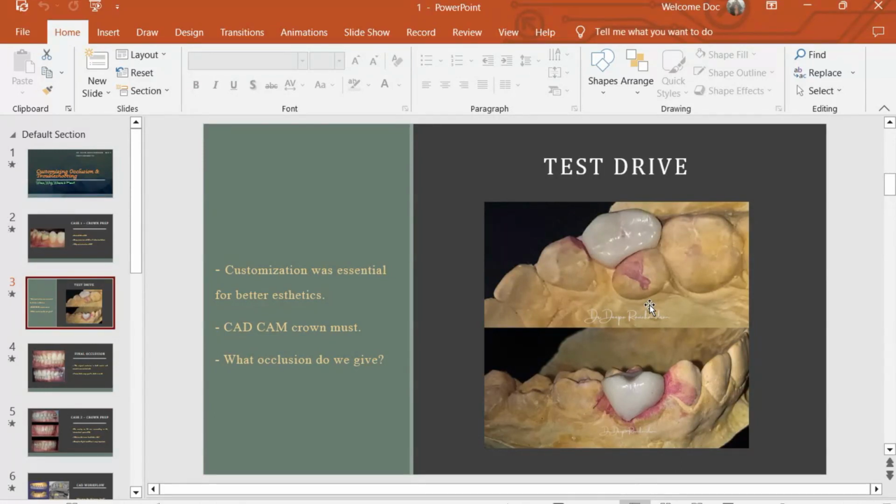It was 2.5 that was also in occlusion, disoccluding in excursion. So since 2.5 is the one in occlusion, it's not so simple to extract it. And we cannot extract 2.4 because then we're going to have a huge buccal deficit over here, which is going to become very, very difficult to fill up. So this was the reason why neither of the two teeth could be extracted.